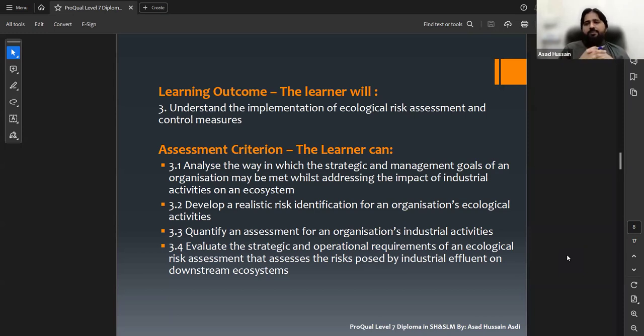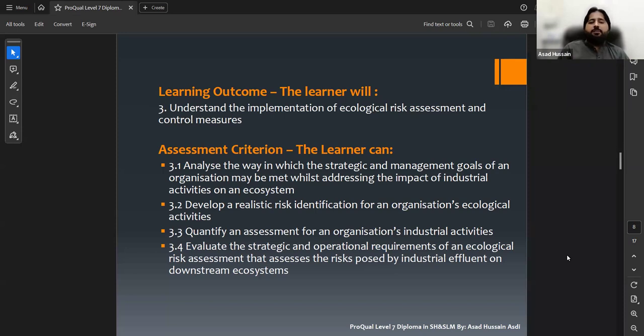So basically, you have to evaluate the strategic and operational requirements for ecological risk assessment. Why they are necessary, why we are using that, and why we have to do ecological risk assessment. So everything should be there, and it should be coming from the top management. And again, in case of supporting this 3.4 assessment criteria, evidence is required.